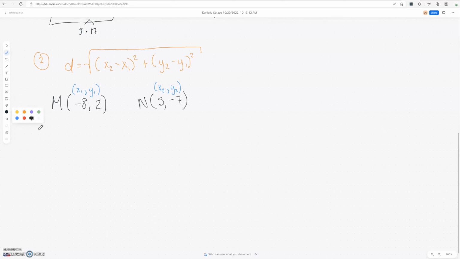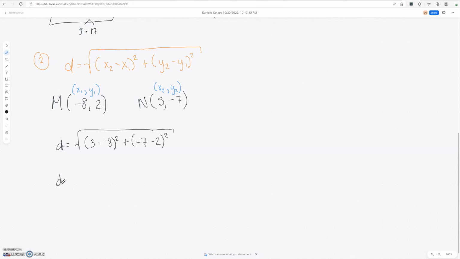Okay, so the distance is equal to the square root of x2, so 3, minus negative 8, squared, plus y2, which is negative 7, minus my y1, which is 2, squared.